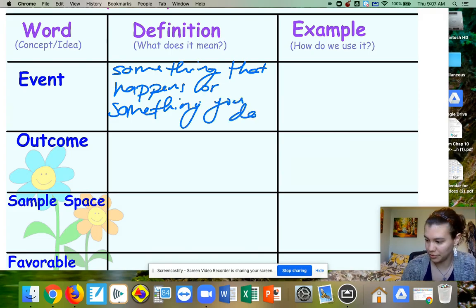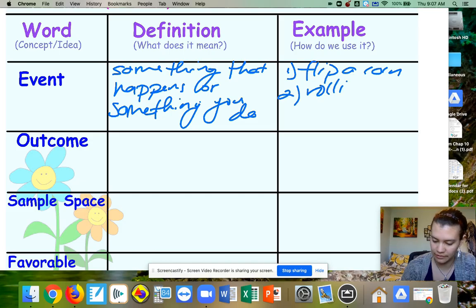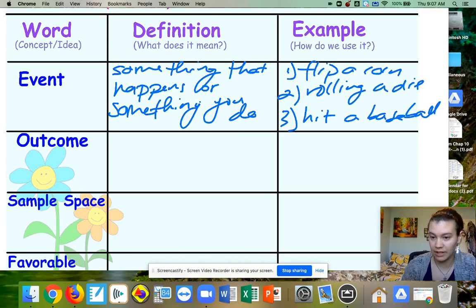An example, you could do flipping a coin. It could be rolling a die. It could be hitting a baseball, winning the lottery, anything that you want to figure out a probability for.